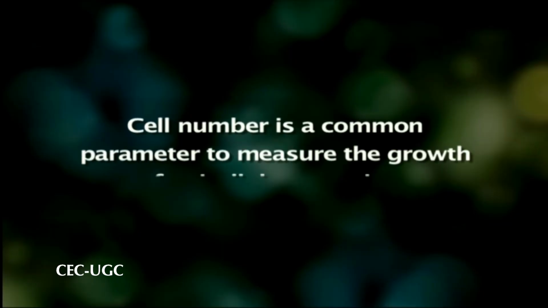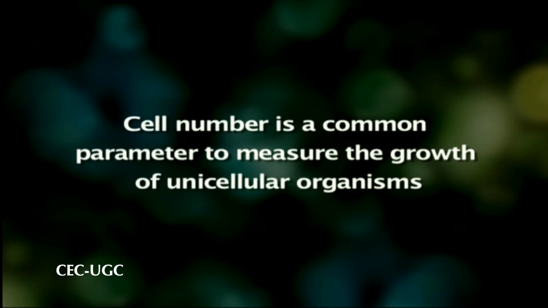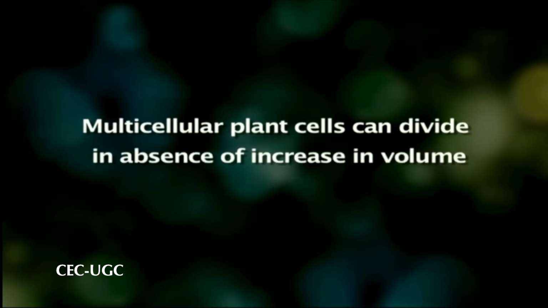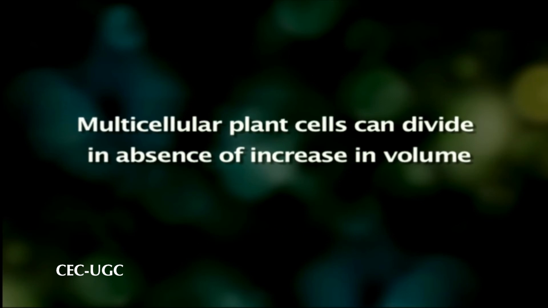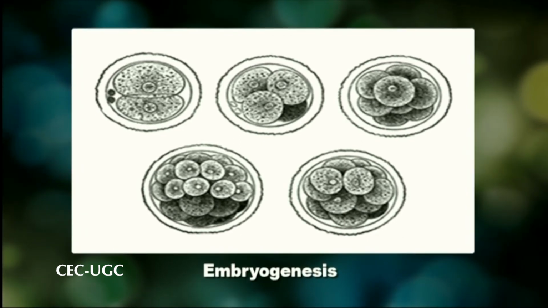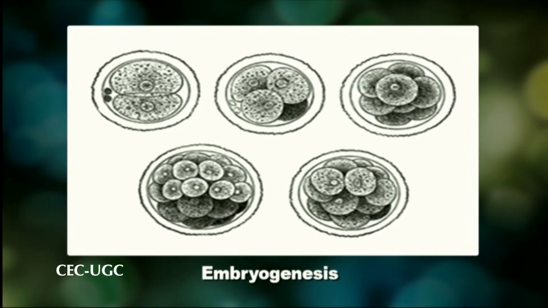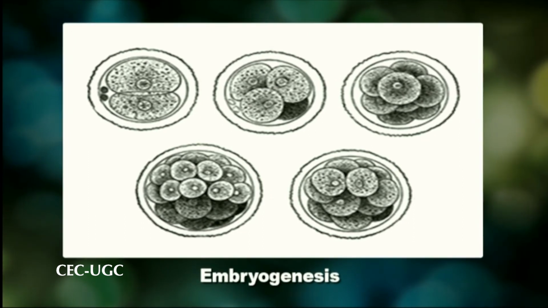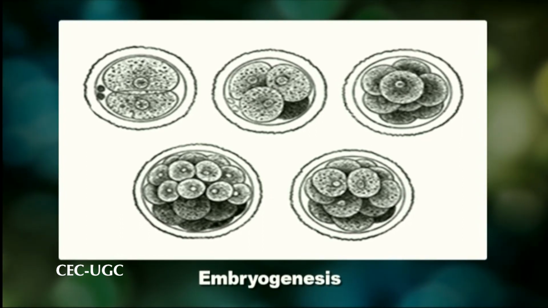Cell number is a common and convenient parameter to measure the growth of unicellular organisms. But in multicellular organisms, cells can divide in the absence of an increase in volume. For example, during the early stages of embryogenesis, the zygote subdivides into progressively smaller cells with no net increase in the size of the embryo.